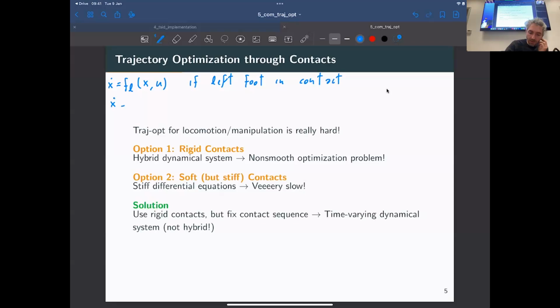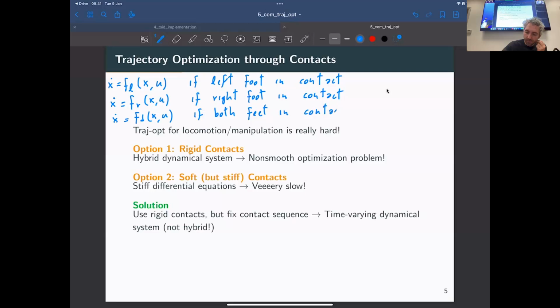Then we're going to have x dot equal fR of x, u if the right foot is in contact. And we could also have fD if both feet are in contact. So D stands for double support, so you have both feet on the ground.